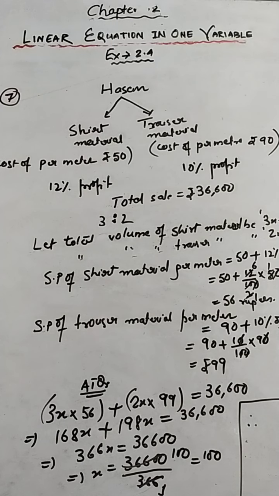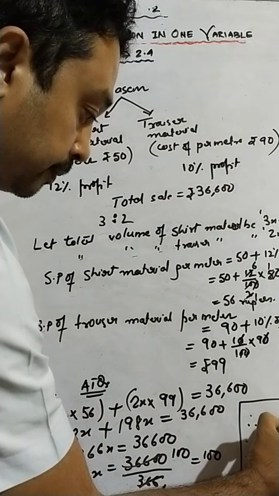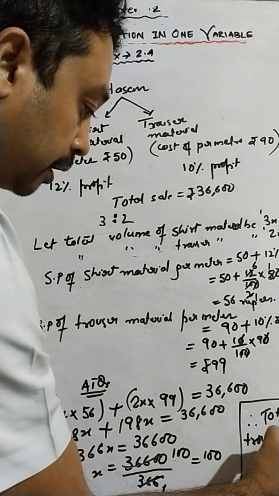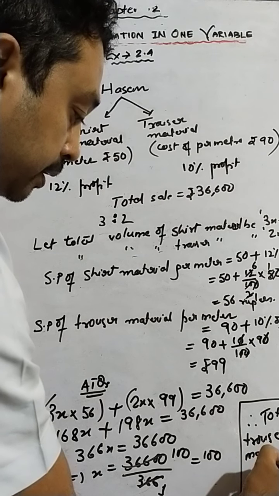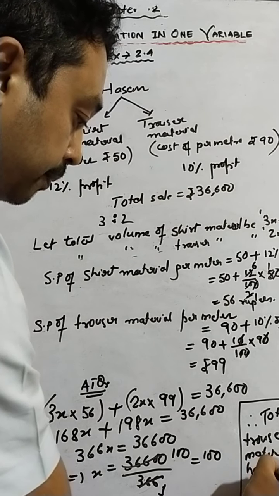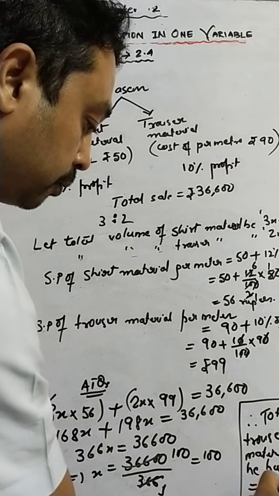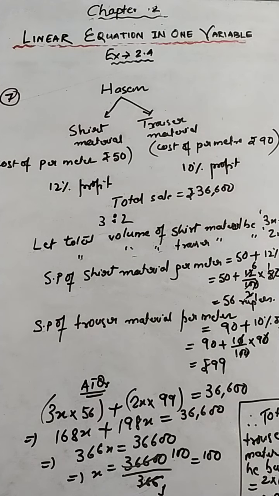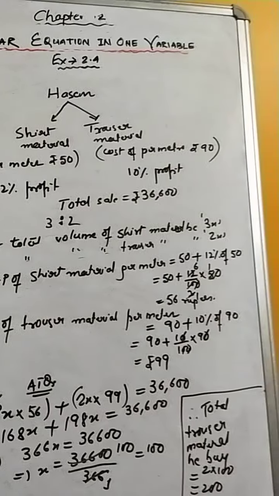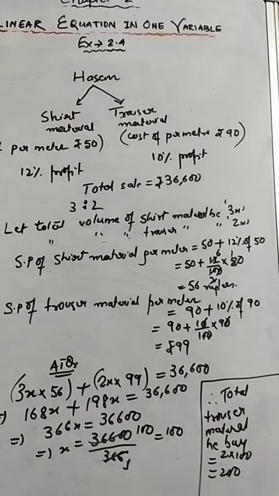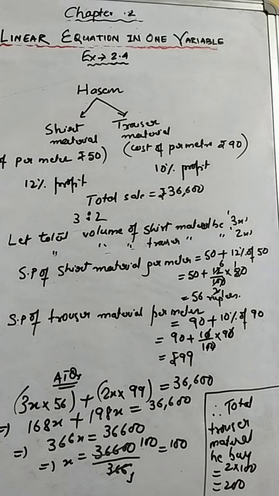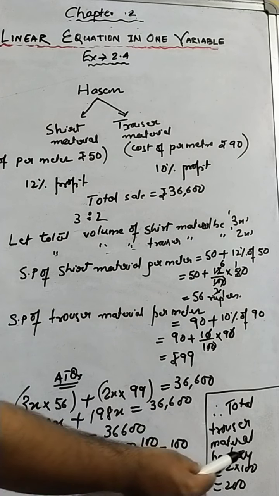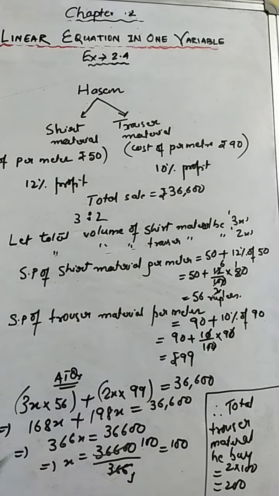Therefore, total trouser material he bought equals what? 2 into 100, that is 200. Okay, so this is what you have to write. Just a minute, boys. Okay, this is the final answer. The total trouser material he bought equals 2 into 100, that is 200.